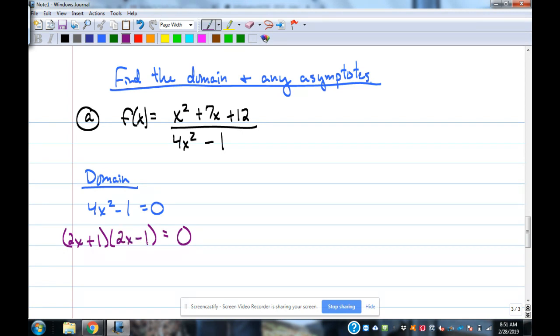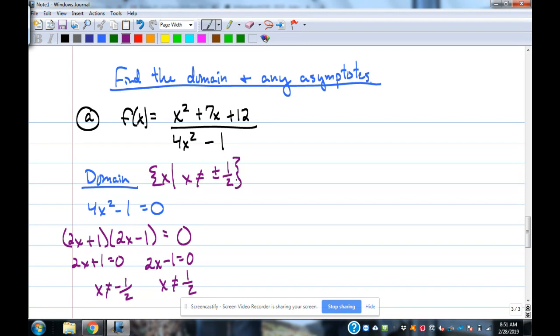Doesn't matter what order you write that in. One's plus, one's minus. Then we can set those equal to 0. We get x is not negative 1/2. x is not positive 1/2. So our domain is all x's as long as x does not equal plus or minus 1/2.